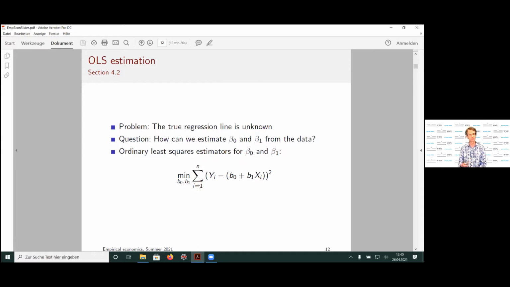And therefore, this is called the least squares estimation method. So least squares, the sum of the squared deviations is minimized. You have encountered that before in statistics 1, but it's always a good idea to repeat that.